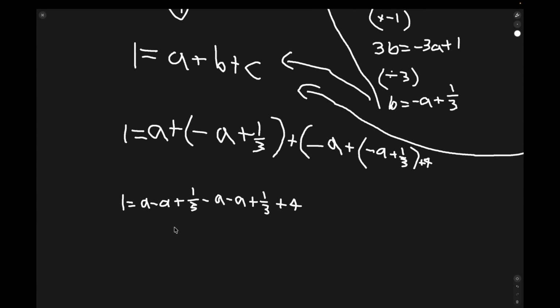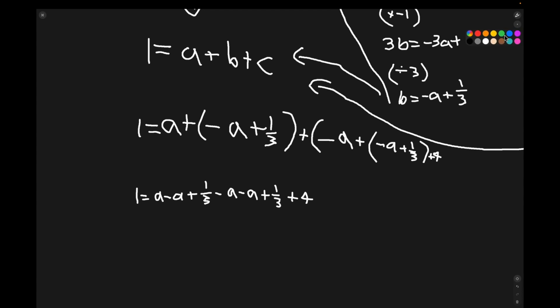Okay, let's try and simplify this. A plus negative a will cancel. So we can see that 1 is equal to 1 on 3 plus 1 on 3, which will be 2 on 3, minus a minus 2a plus 4.